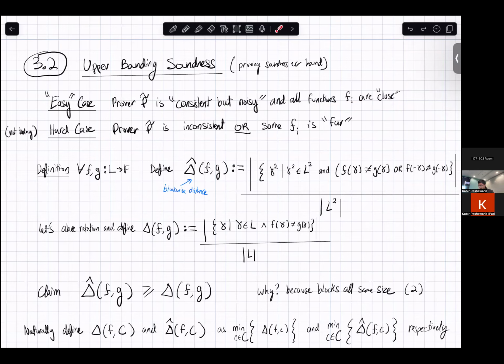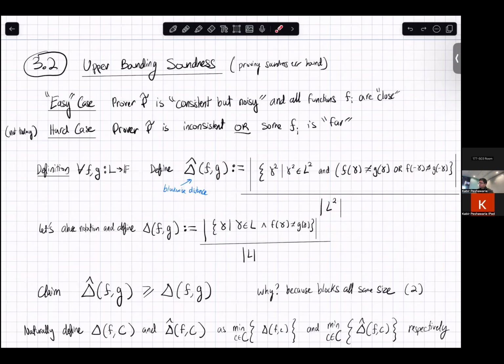So we're going to define this new closeness notion called blockwise distance. Again, it should be clear that this is relative distance. Blockwise distance is all of the gamma squared such that either f of gamma is not equal to g of gamma or f of minus gamma is not equal to g of minus gamma.